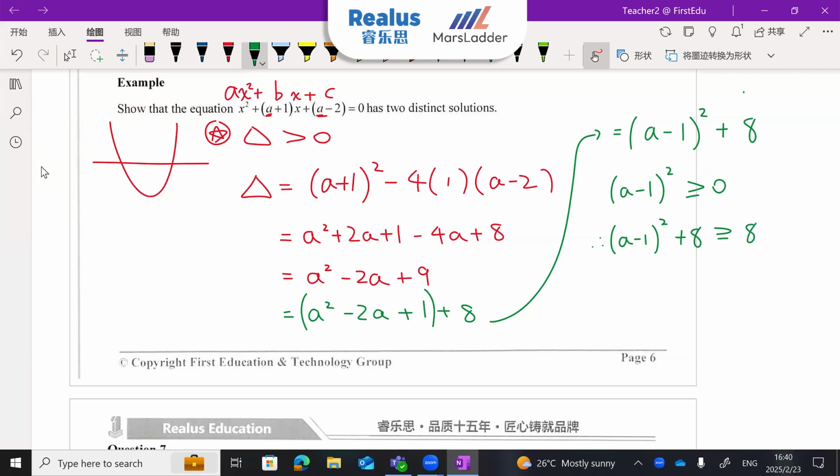If this is greater than or equal to 8, it satisfies the condition of being greater than 0. Therefore, the discriminant is always bigger than 0. This is one way of proving that your discriminant is always going to be a positive value. If your discriminant is positive, then this equation has two distinct solutions.